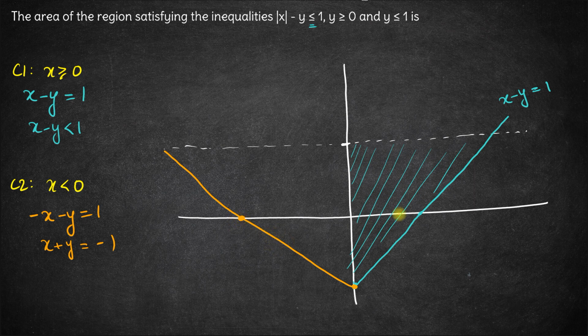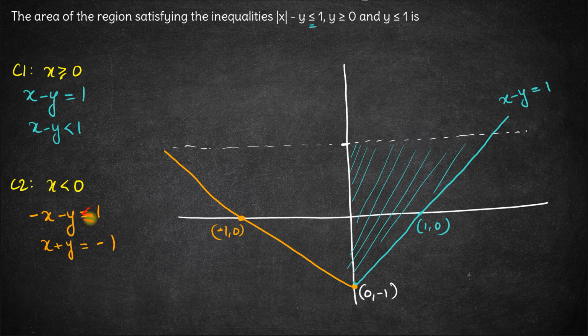Okay. This is minus 1 comma 0 and this point is 1 comma 0 and this point here is 0 comma minus 1. Now this was for equality, but the inequality was mod x minus y should be less than or equal to 1. So originally we had minus x minus y should be less than or equal to 1.